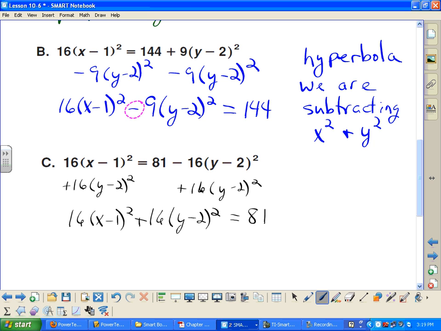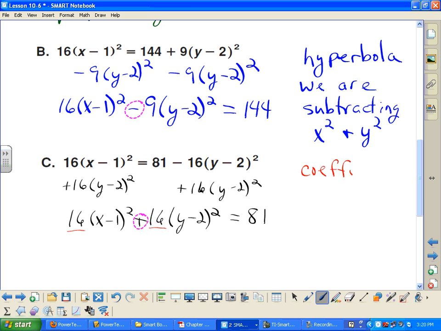Now, because of the plus sign here, I know that this could be a circle or an ellipse. And how I tell the difference, whether it's a circle or ellipse, is that we are going to look at the coefficients of x squared and y squared. If the coefficients are the same, all right, so let's write this down.